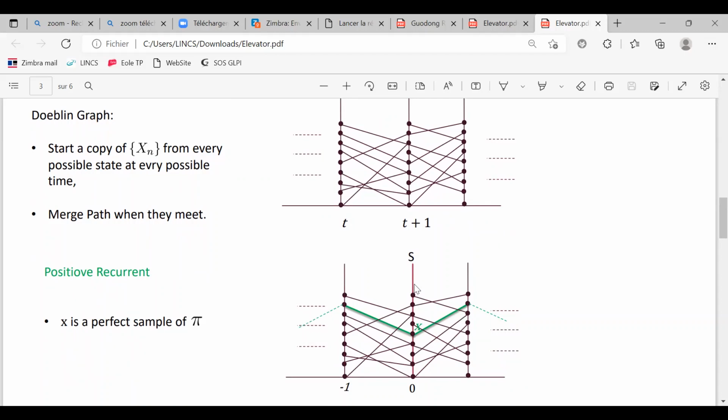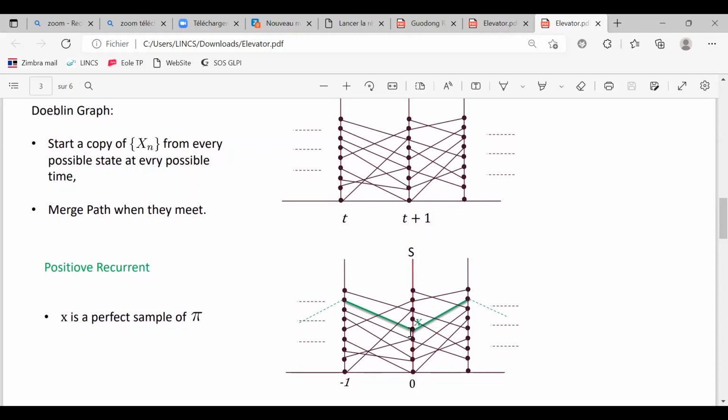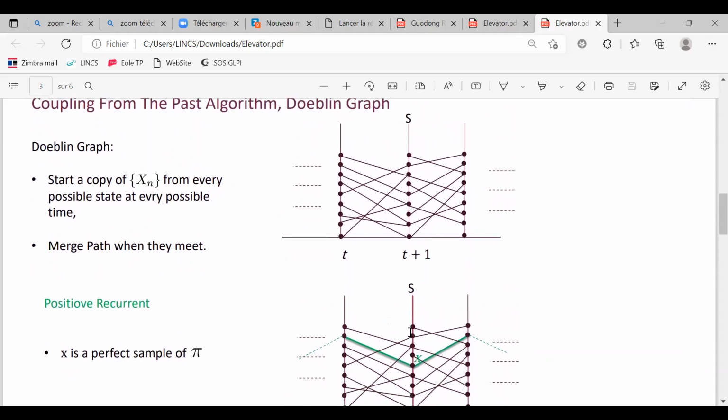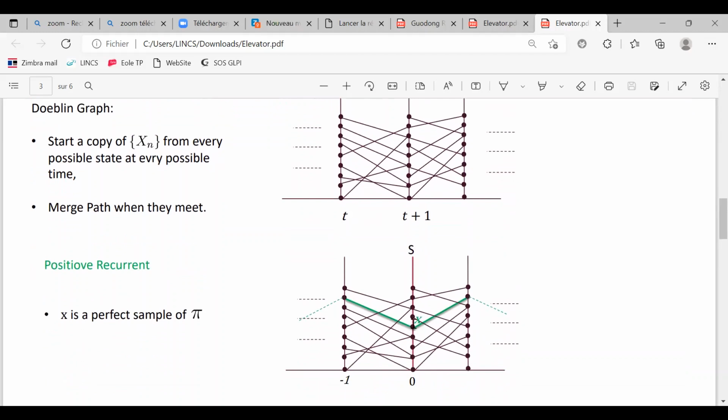If we look at the intersection of this bi-infinite path with time 0, this point becomes a perfect sample of the stationary distribution of the positive recurrent Markov chain. And actually, the coupling from the past algorithm gives us this point.